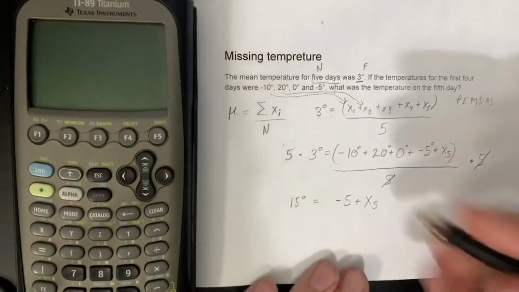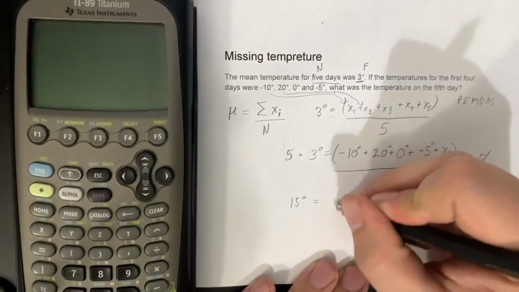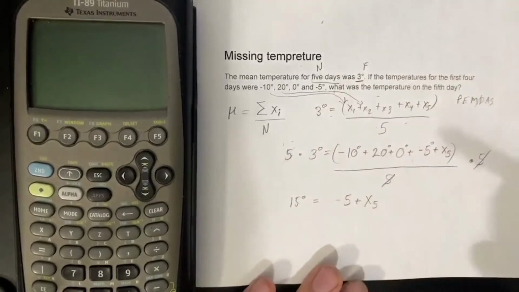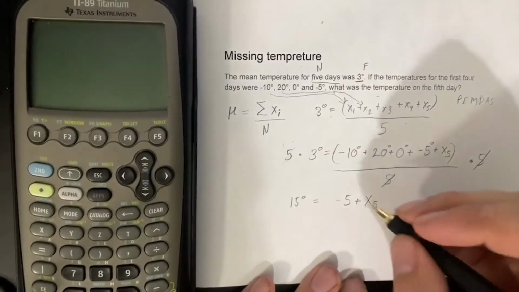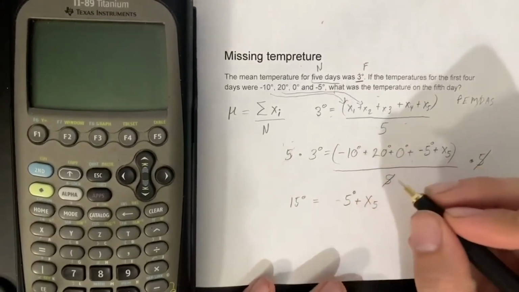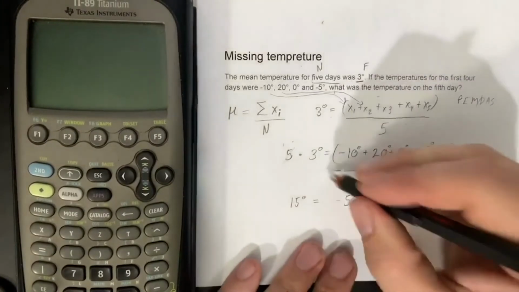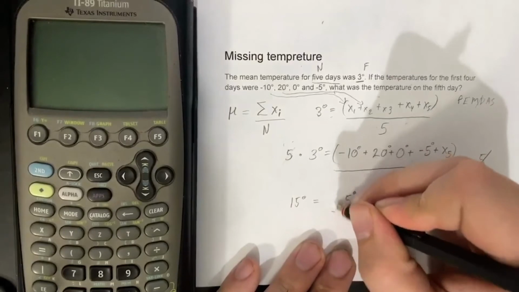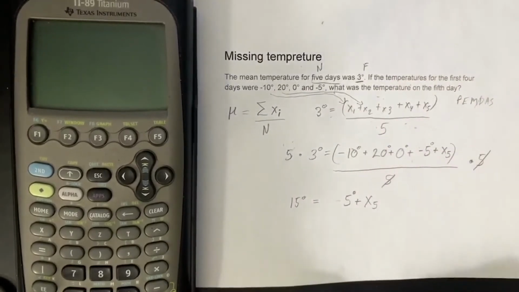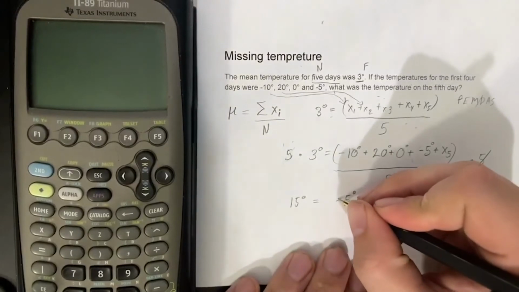Sorry, wrong calculation. That is 5 plus negative 5. Pay attention to your sign just like we pay attention to our units.